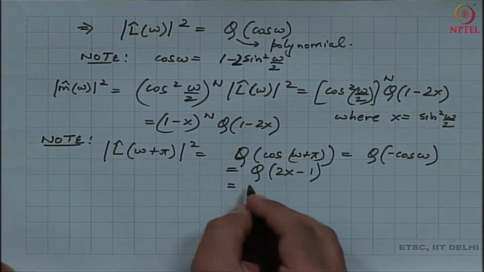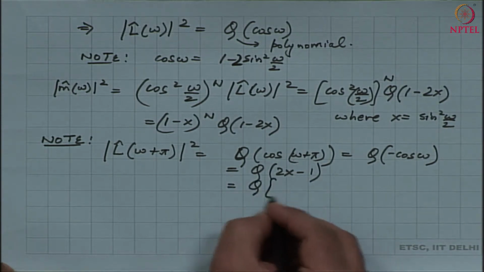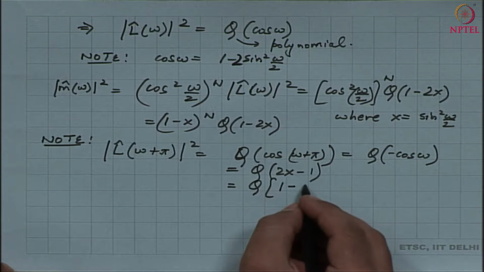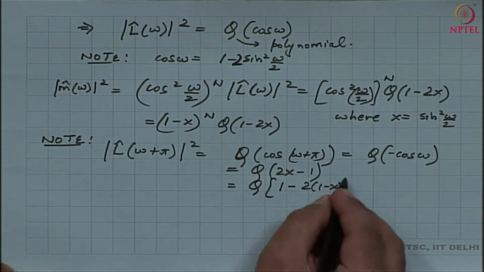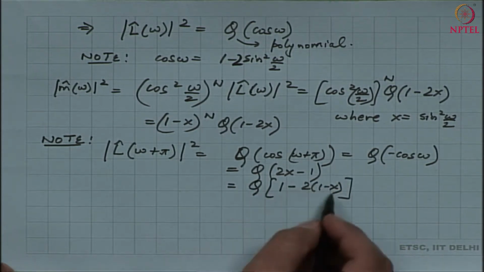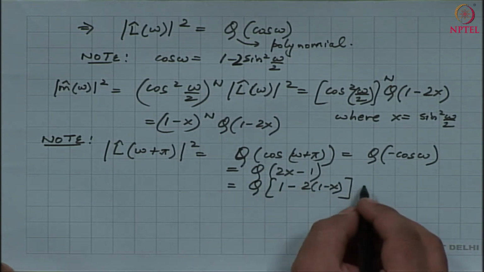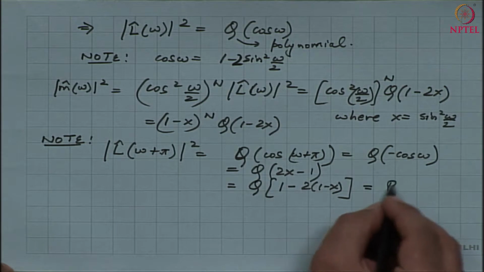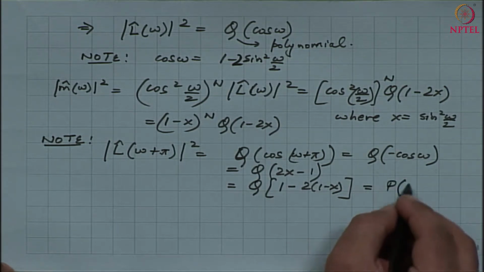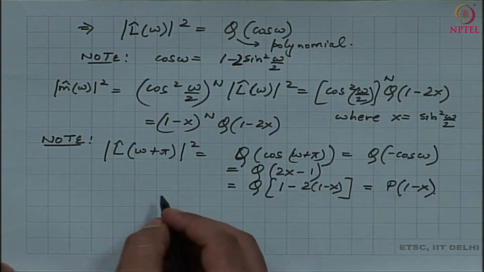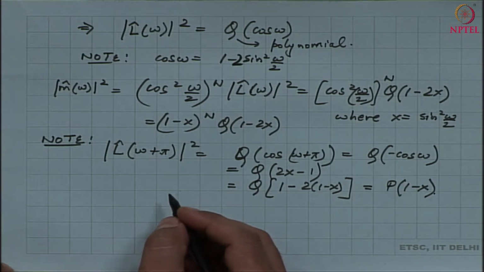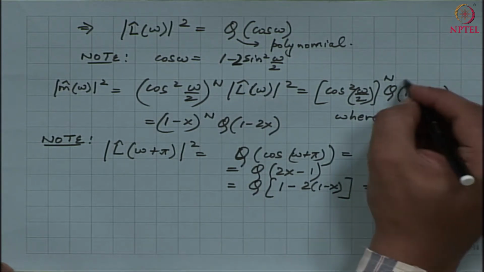And I see that this can also be written as q of 1 minus 2 times 1 minus x. So, this is also equal to a polynomial p of 1 minus x.